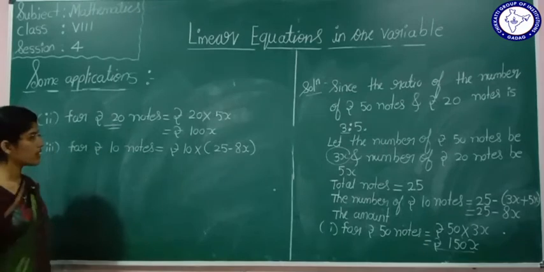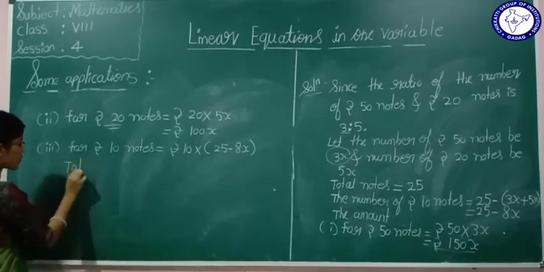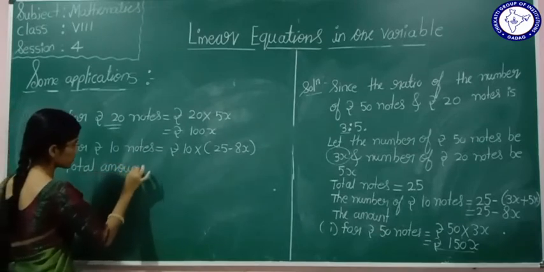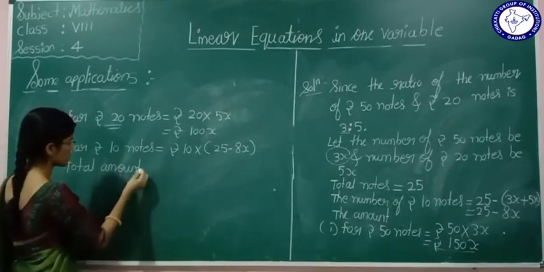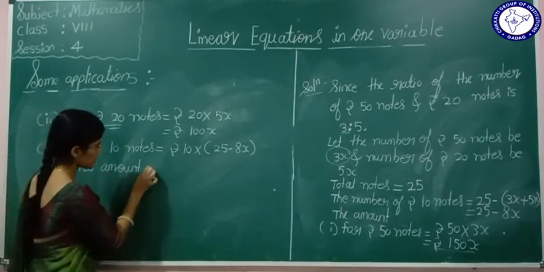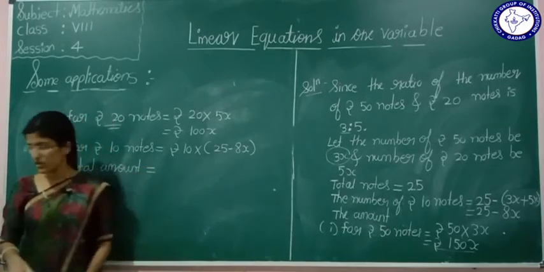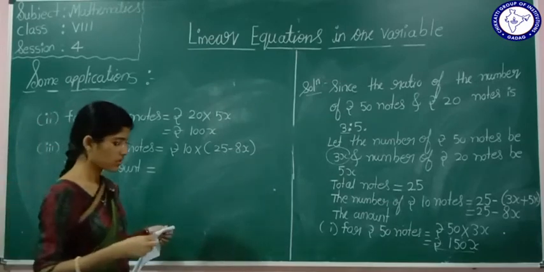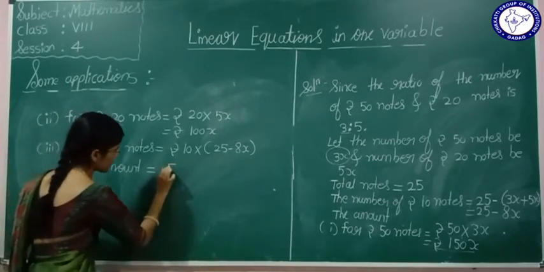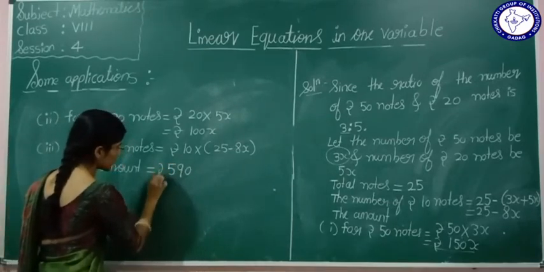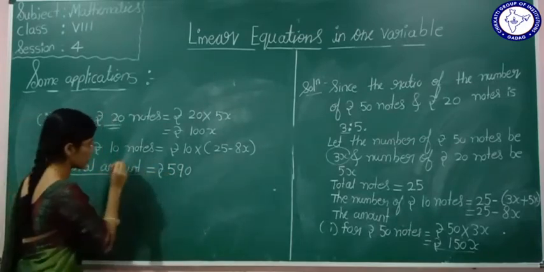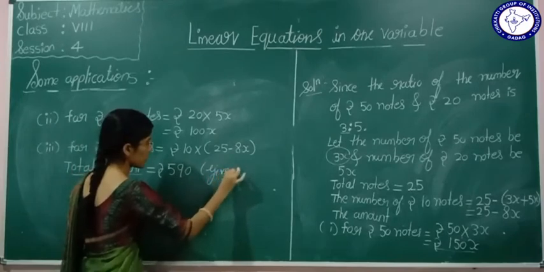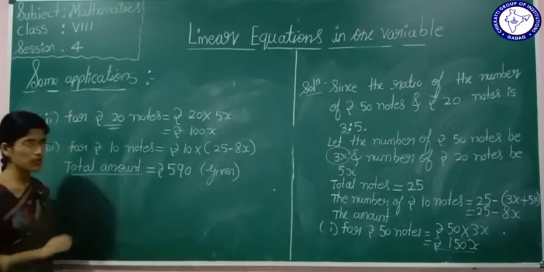Okay. Now see here, what total amount have they given? They have given in the question the total amount is 590. Total amount she has is rupees 590.